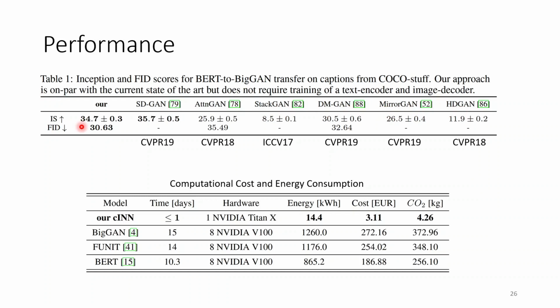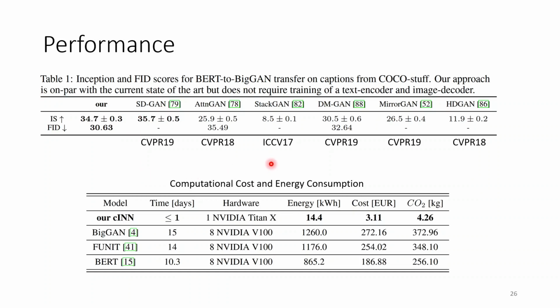They use the same sentence to generate different images, so that they can compute the inception scores and FID values. They show their results are better than existing methods in terms of FID, and almost as good as the result of SDGAN.